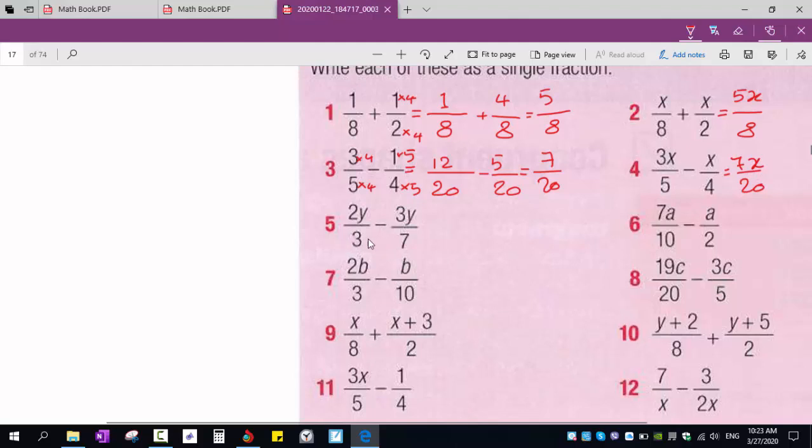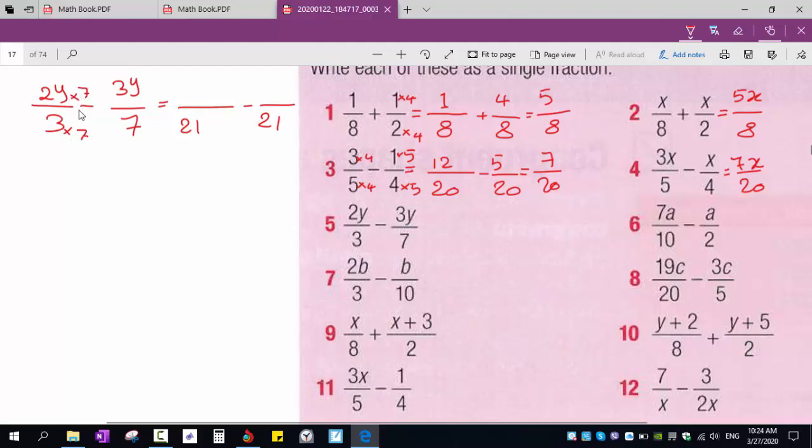Question 5. The common denominator between 3 and 7 is 21, so 2y over 3 minus 3y over 7. How 3 becomes 21? Times 7.